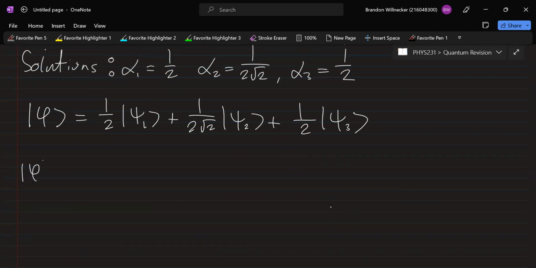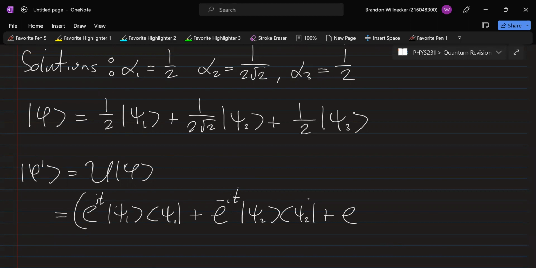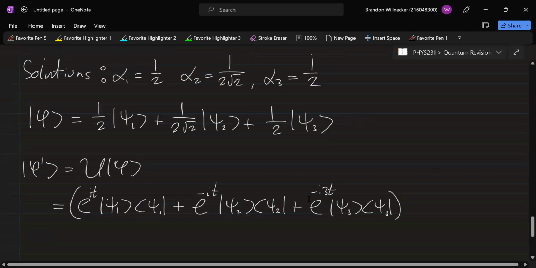So we have that psi prime is U acting on phi. That's going to be equal to the sum of the projectors we had: e to the RT |psi 1><psi 1| plus e to the minus RT |psi 2><psi 2| plus e to the minus 3RT |psi 3><psi 3|.